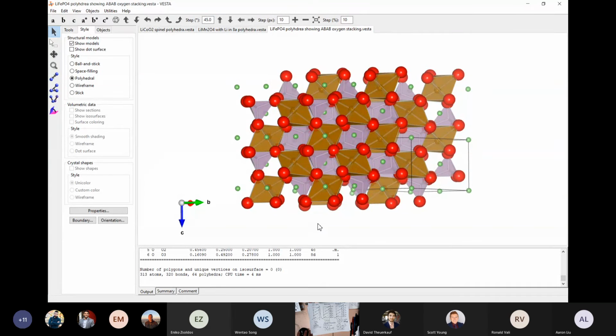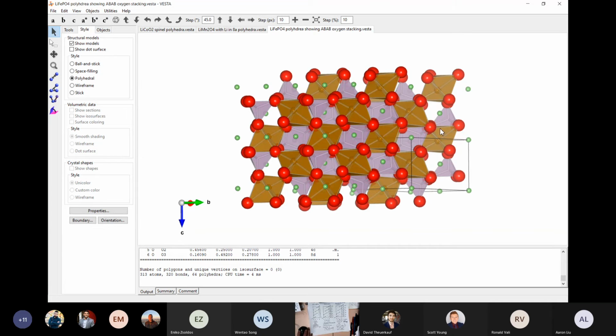Okay. So if you view lithium iron phosphate parallel to the AB plane, so you put one plane of the rectangular unit cell horizontal, then you will see the oxygen atoms look like they're in layers.